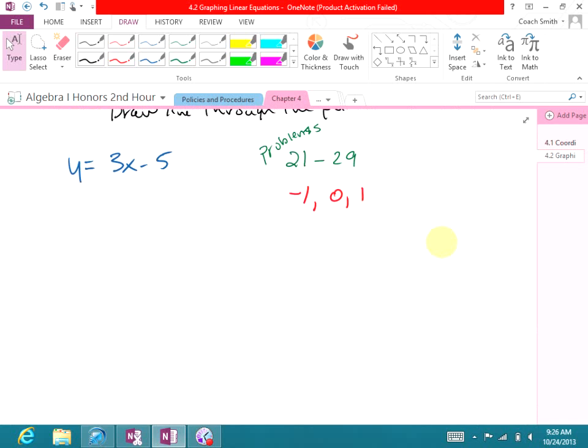Okay, now, so we're going to plug these values into that equation. Well, that equation's already solved in function form. Remember, function form is y equals something. Okay, usually x, maybe 3x, maybe half x, there's just so many different things it could be. But this is already in function form.